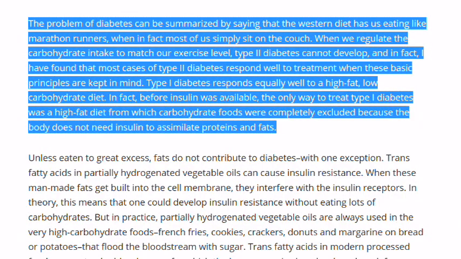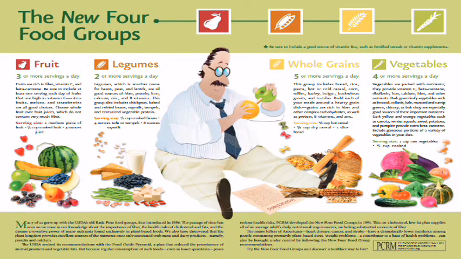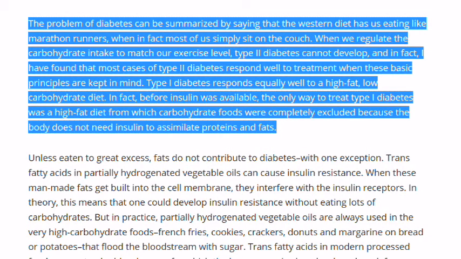The problem of diabetes can be summarized by saying that the Western diet has us eating like marathon runners, and that's because of the 4 food groups. Now they've tried to scrap that 4 food groups thing, but I suppose 20 years later they'll scrap it in Trinidad, right? He says type 1 diabetes responds equally well to a high-fat, low-carbohydrate diet.